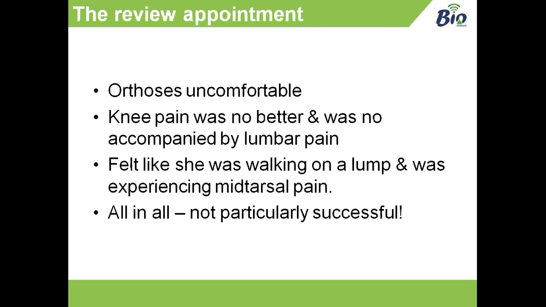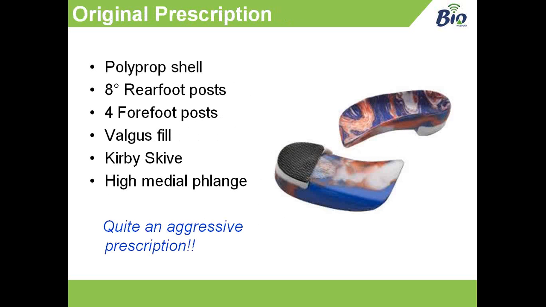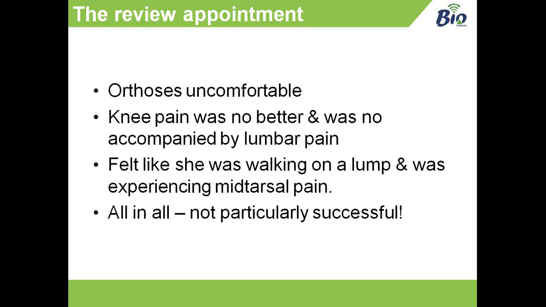So what that meant, if we look back 2 slides, the rear foot posts were okay, the polyprop shell was okay, but the forefoot posts were tipping the foot the wrong way, and the valgus fill was just pushing up underneath the axis, and also probably pushing the foot the wrong way. The Kirby Skive was okay, and the medial flange just helped support the foot. But out of the 4 in the middle, 2 of those things which we've done were actually having an adverse effect on what we were trying to do.